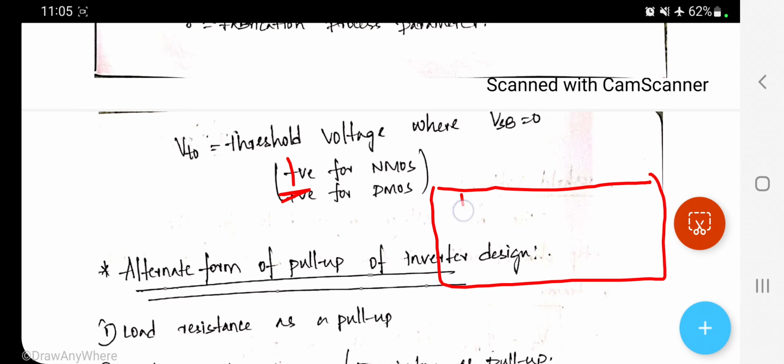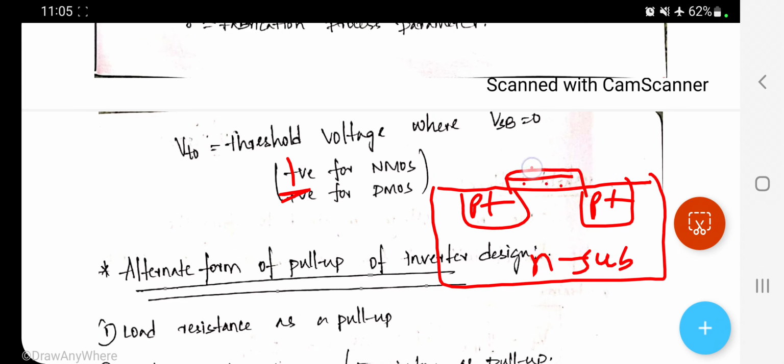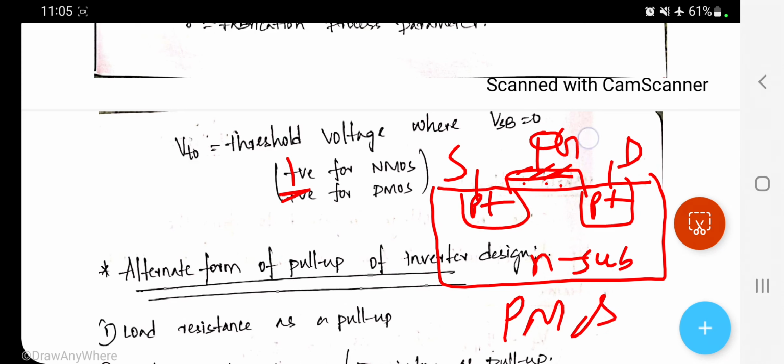You are going to have P plus, P plus, here N substrate, and here the thin oxide and polysilicon are formed. This is source, this is drain, and this is gate. So here the minority carriers of the N substrate are holes. So whenever VGS is applied, this is for PMOS, a negative gate to source voltage is applied.